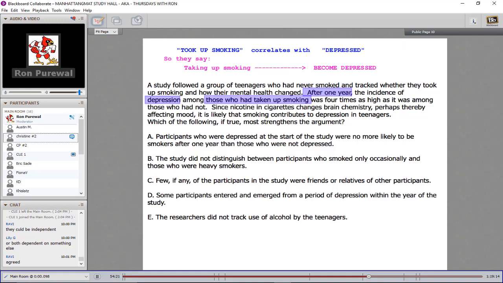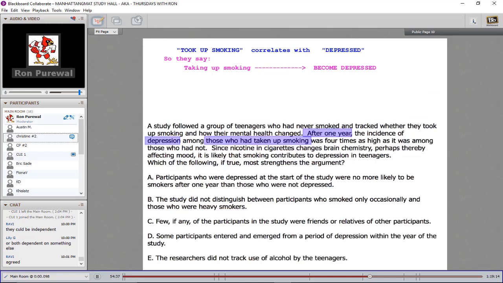So one problem here is that it might be backwards, right? It might be the case that being depressed actually makes people want to smoke. That could be a thing. Smiley face, if that makes sense.